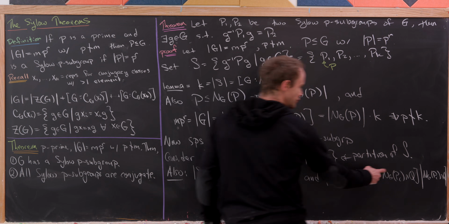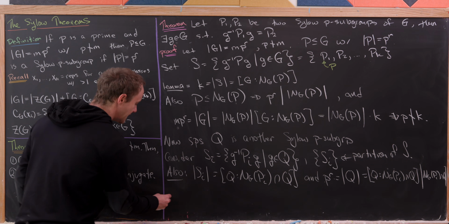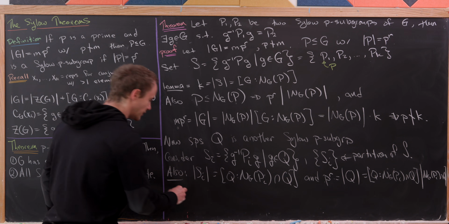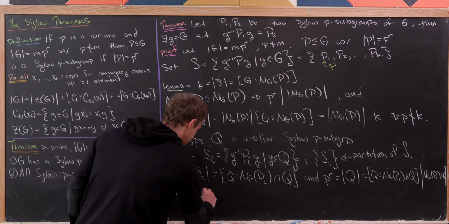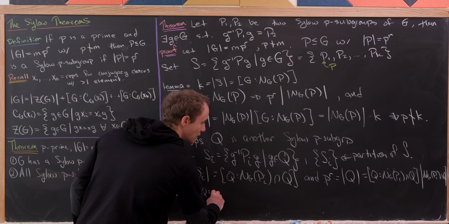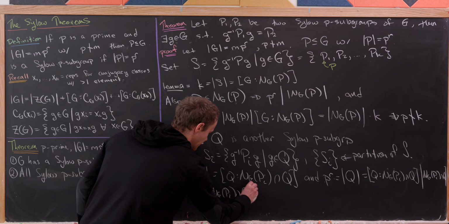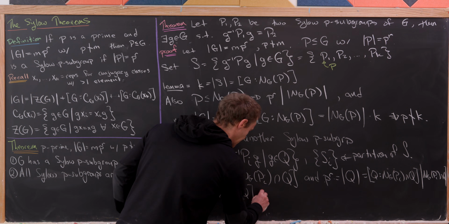We've got two things whose product is a power of p. That means that each of them must be a power of p. So for all i, the index of the normalizer of P_i intersected with Q in Q is a power of p.